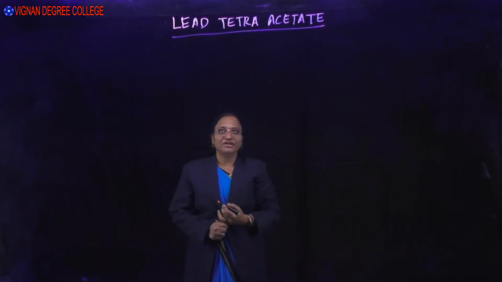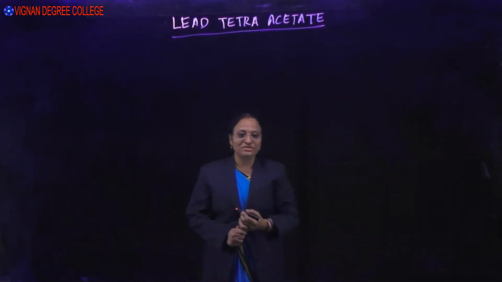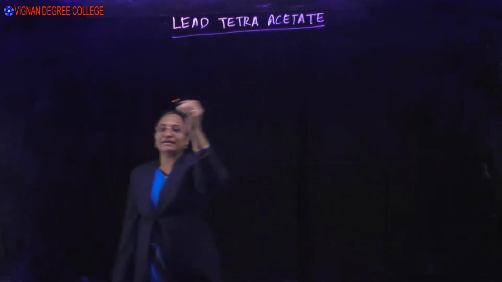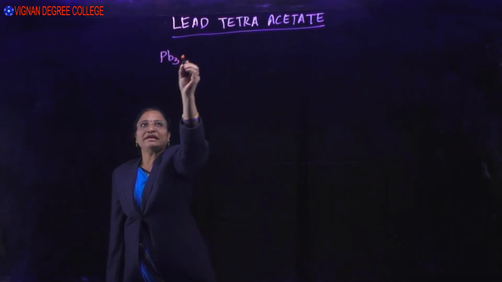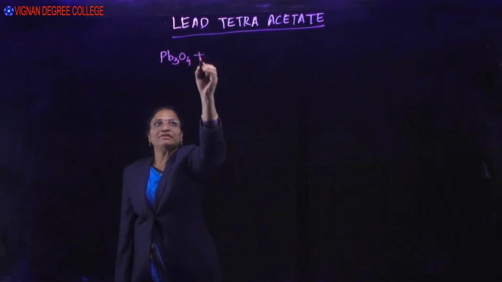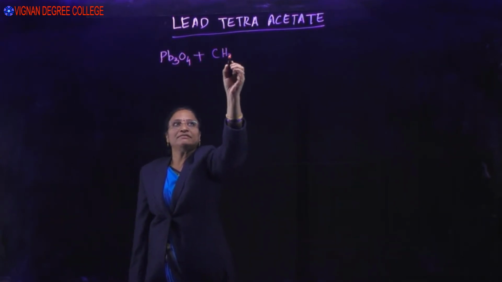You get different functional groups by the oxidation using lead tetraacetate, and lead tetraacetate can be easily prepared by taking lead oxide and treating this with acetic acid.